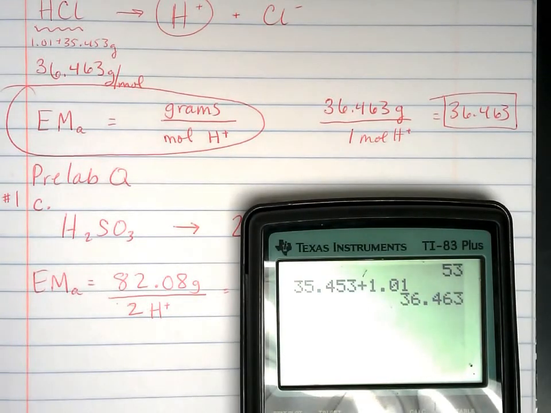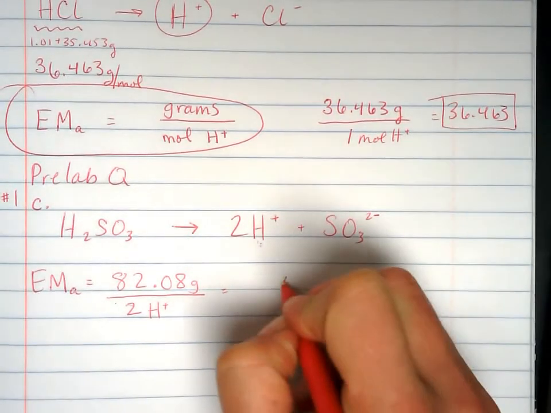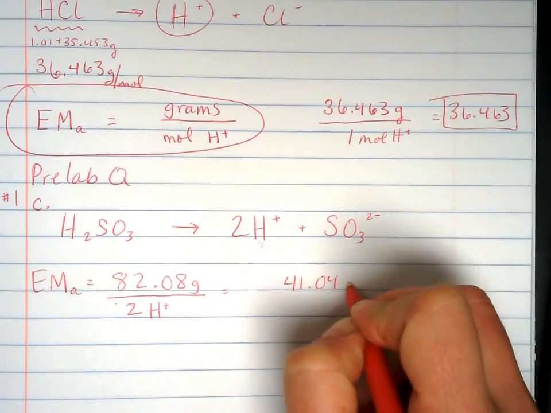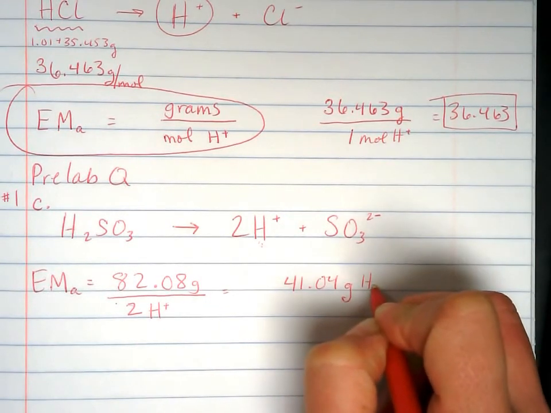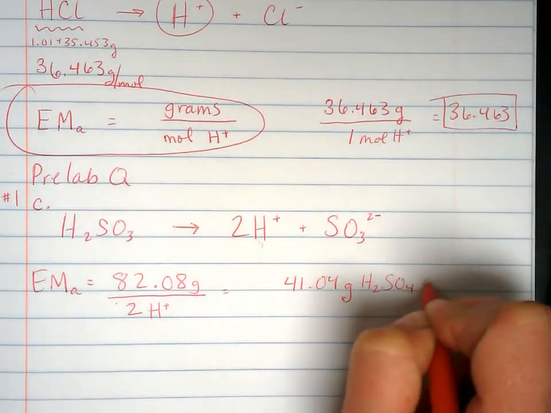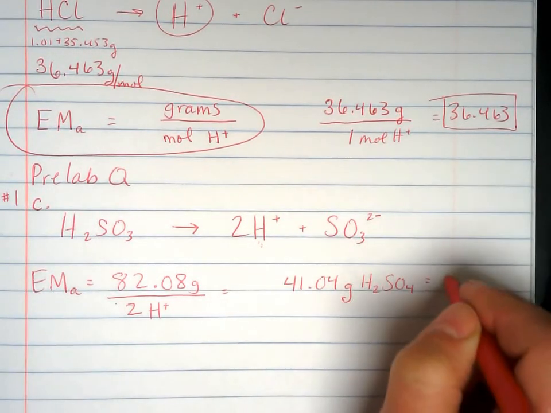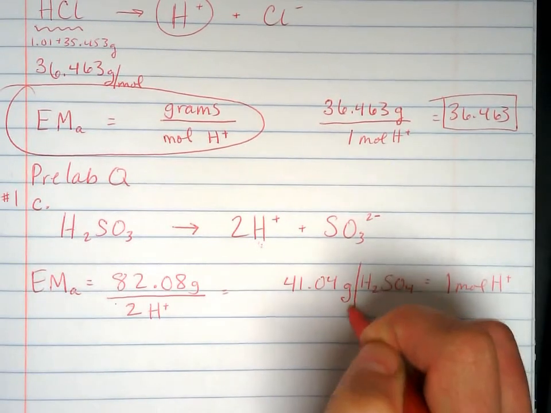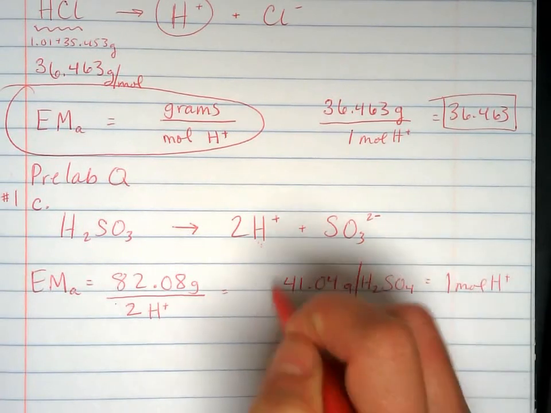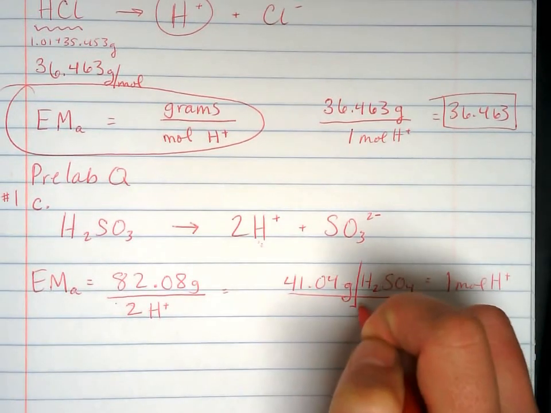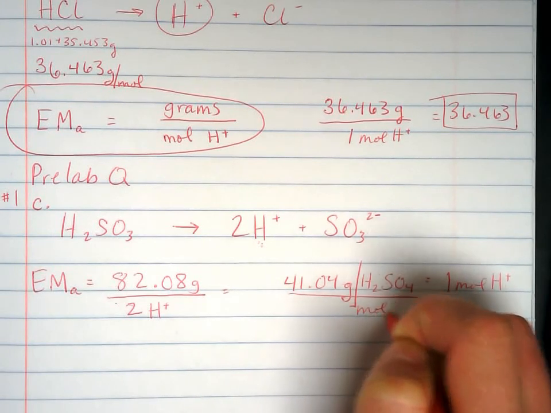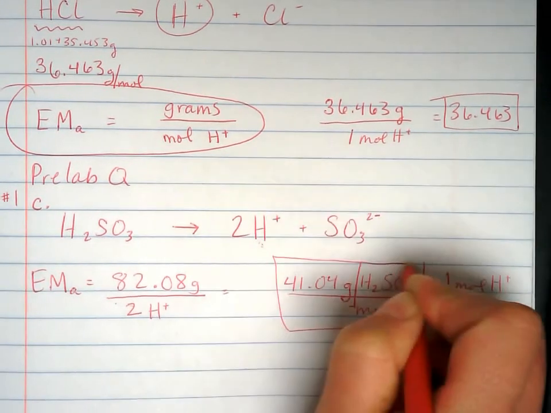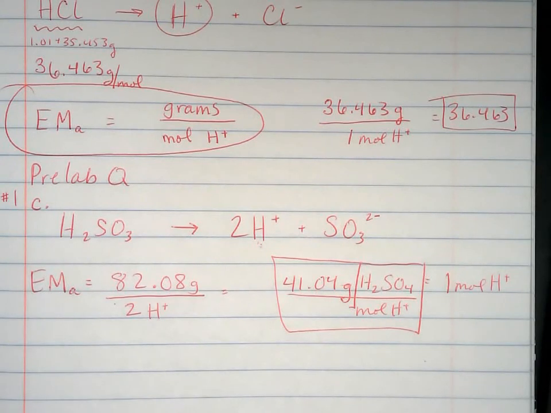So I'm going to have 82.08 divided by 2, and my equivalent mass is 41.04. So in 41.04 grams of H2SO4, I'm going to get 1 mole of H plus, right? So that would be grams per, sorry about that line, per mole of H plus. There we go. That would be my answer.